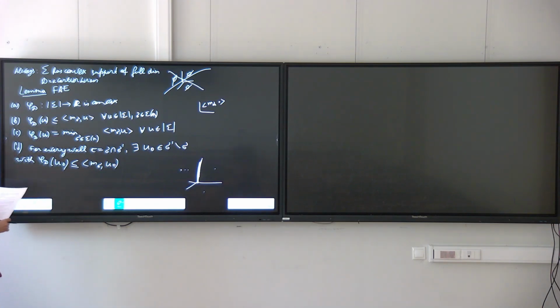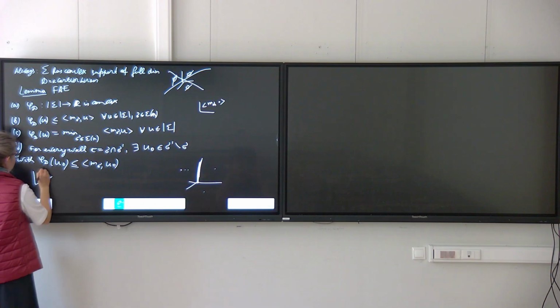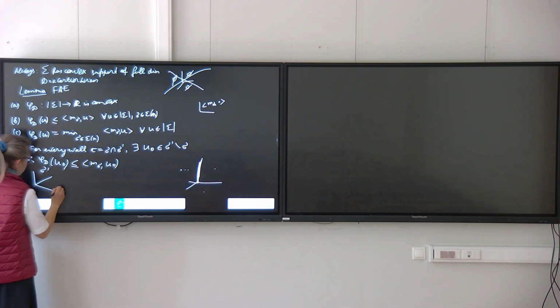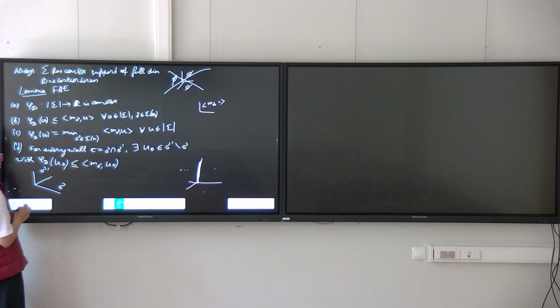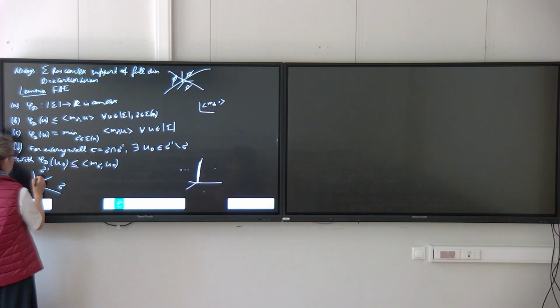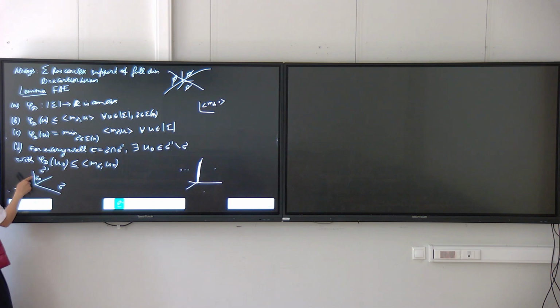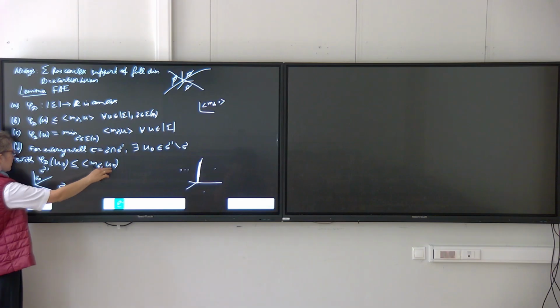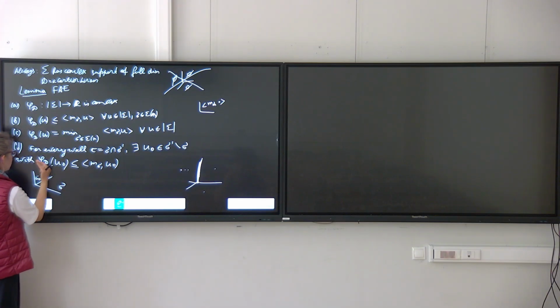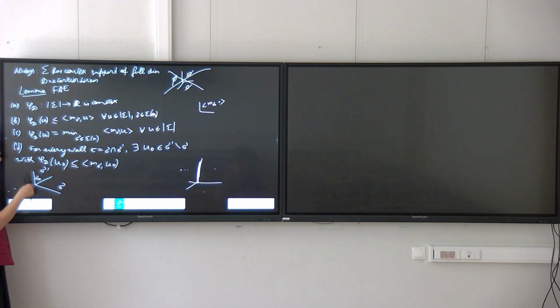Okay, so this is our sigma prime, this is our sigma. This will be u0, it will be here. So the function here is given by the scalar product with m sigma prime. And this will be if we extend this m sigma to the neighbor cone.